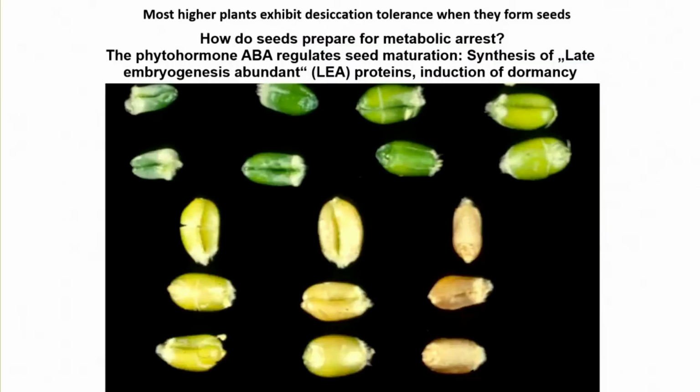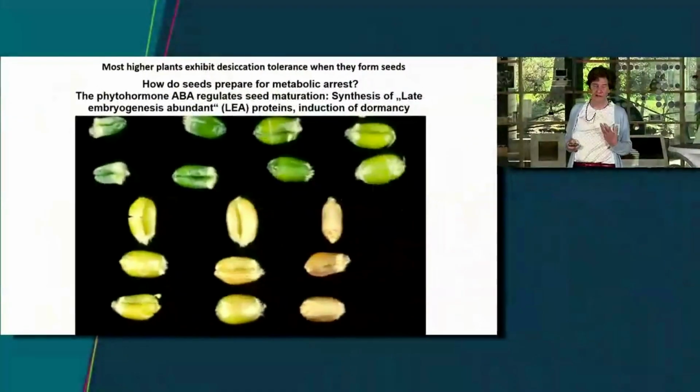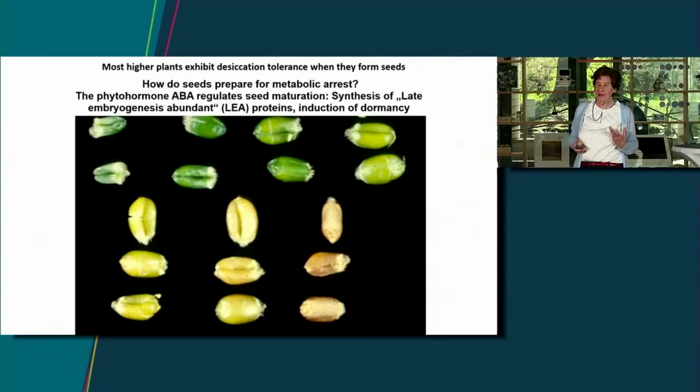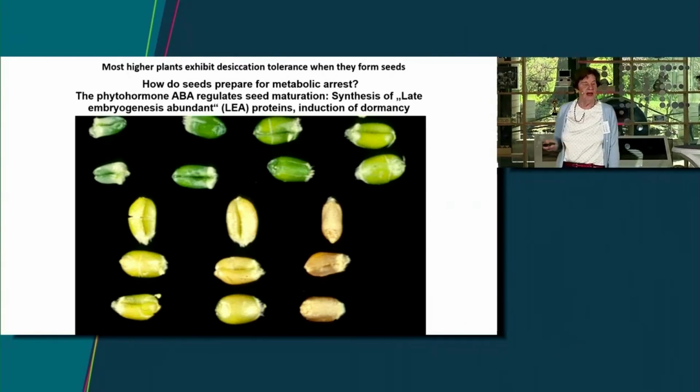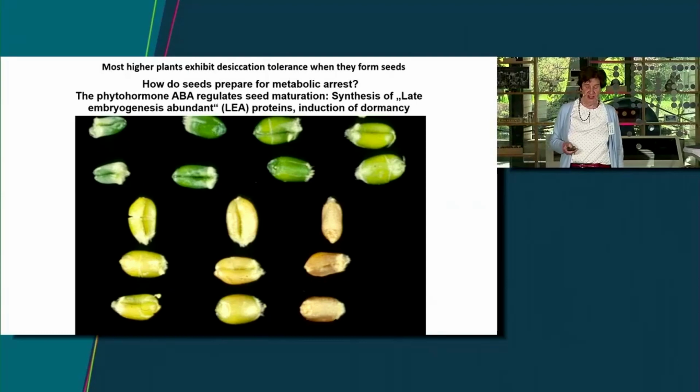And I would like to include another consideration in our concept of the studies. Namely, what you see here is a series of dehydrating wheat grains, from the immature wheat grain on the top left of the slide, going to the bottom row where you see the dry seed.